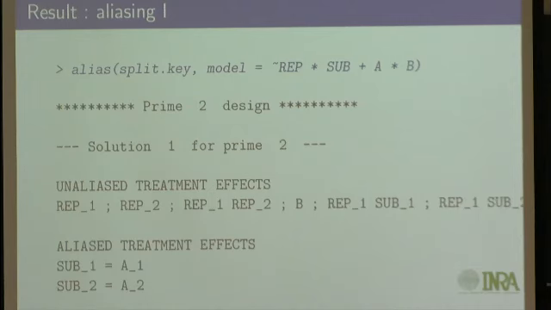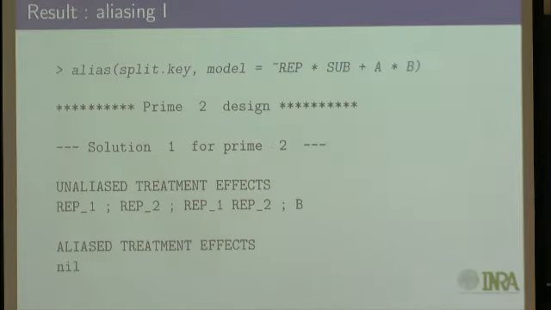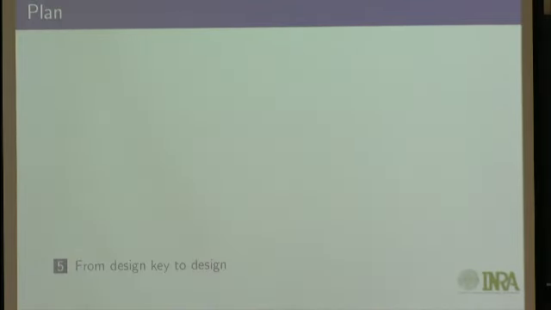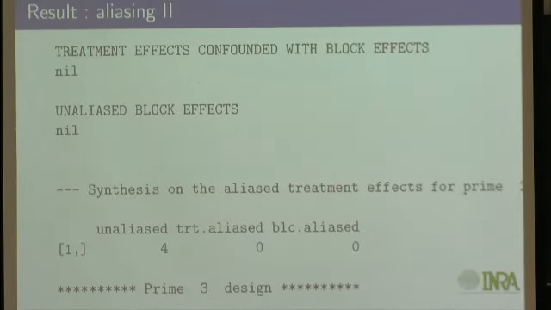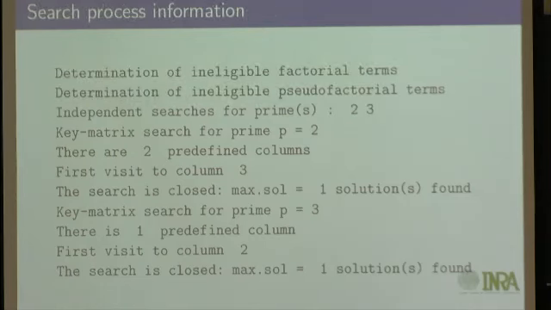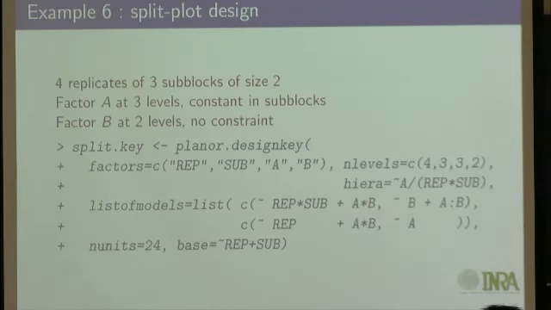So I won't detail here the results. I won't detail the other example on the split plot design. The only difference is that now we have 4 replicates of 3 subblocks of size 2.